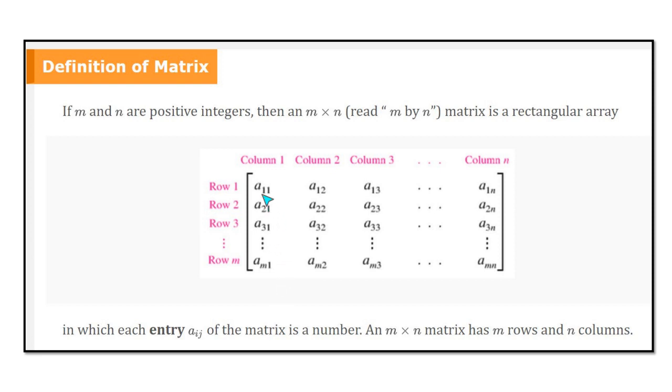With these elements, you have two little numbers next to them, and that just tells you their location. So, for example, the A11 is telling us that it's located in the first row, first column. If we look at the A32, that's telling us that it's located in the third row, second column.